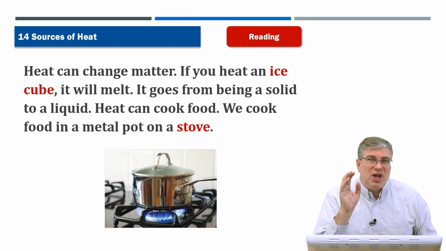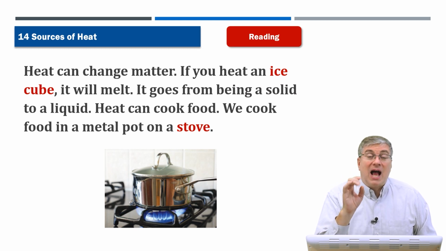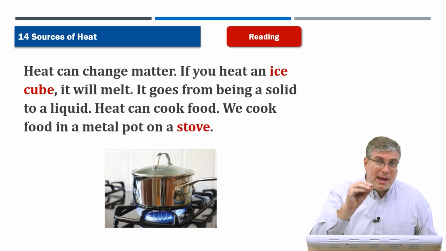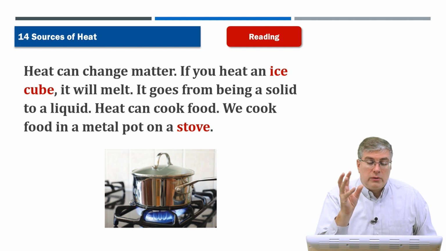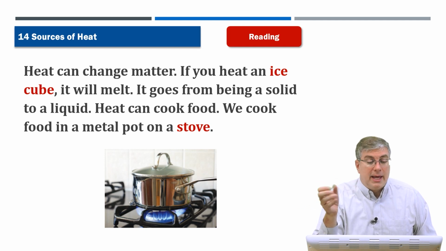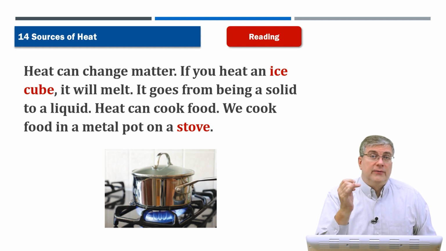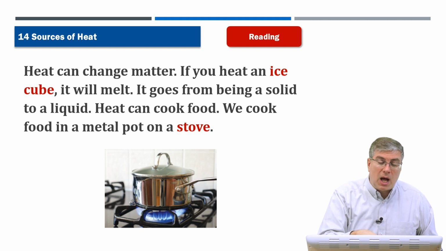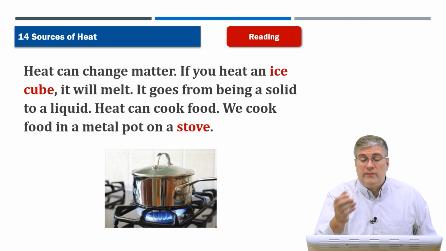Heat can change matter. If you heat an ice cube, it will melt. It goes from being a solid to a liquid. Heat can cook food. We cook food in a metal pot on a stove.